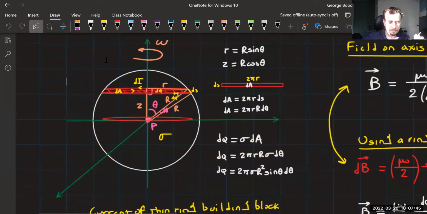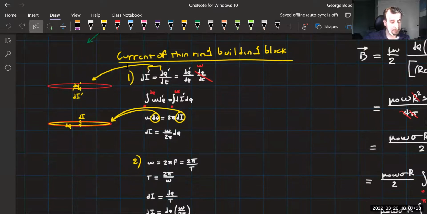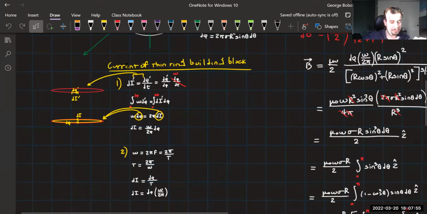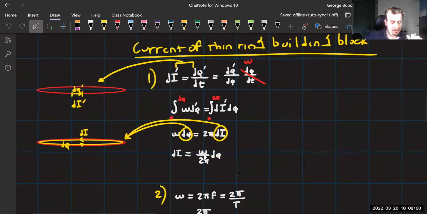Okay. See, again, same geometry, but the difficult part about this was to get the current of the building block. How much current is it providing you with right now? You can see I got it again like this, with dq being lambda dl.